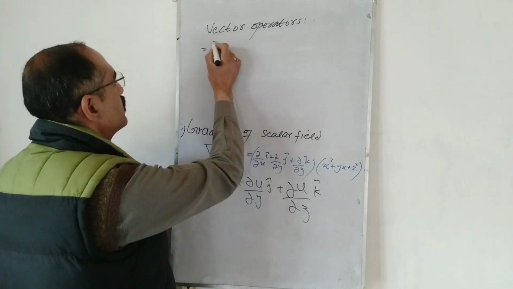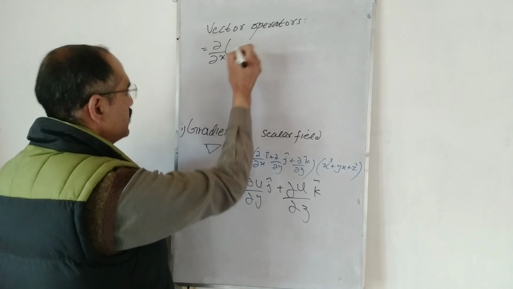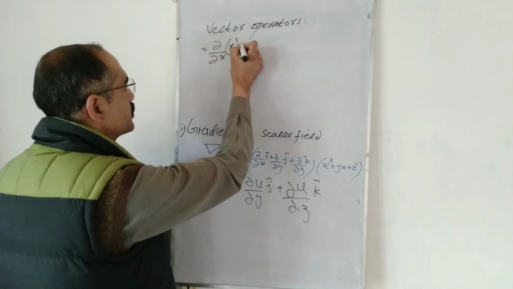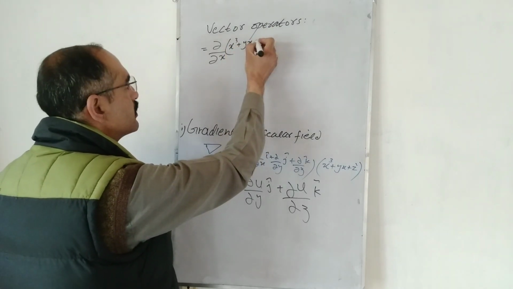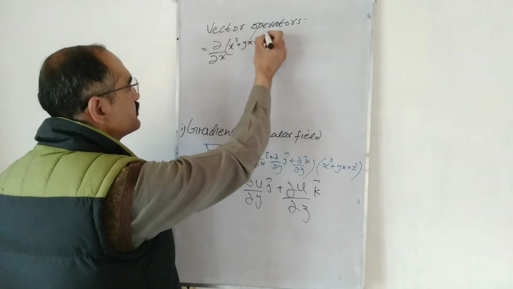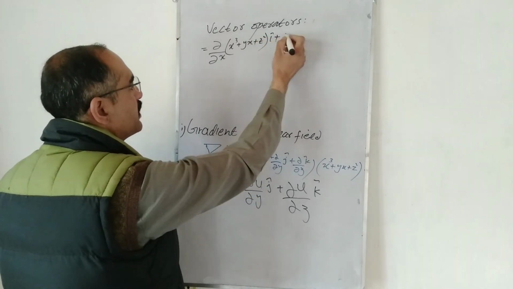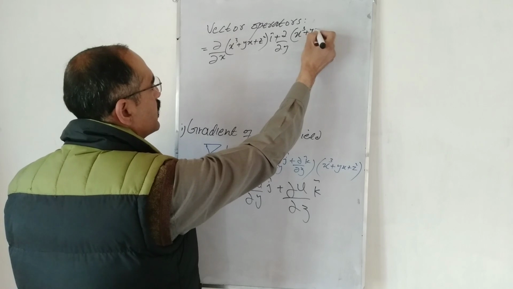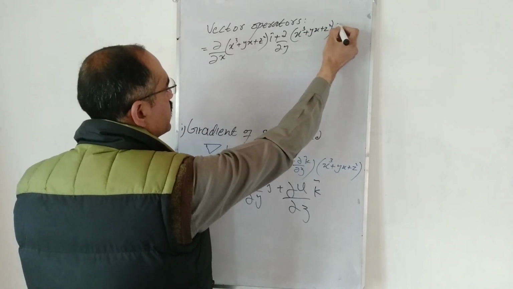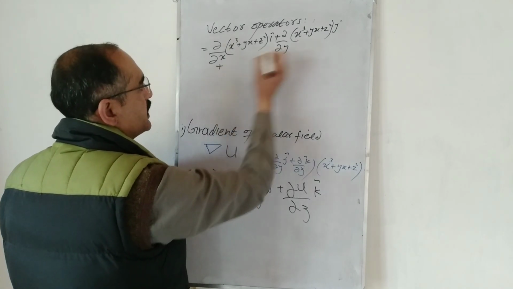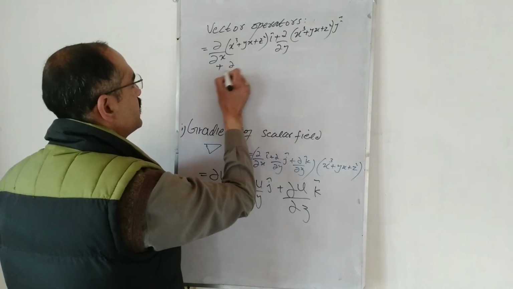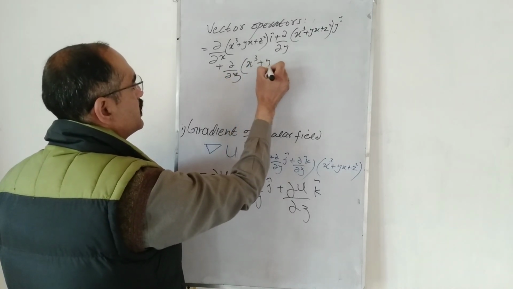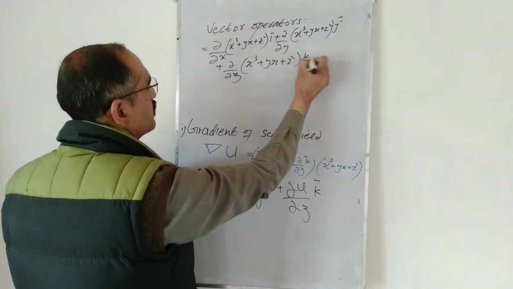This is equal to ∂/∂x of this scalar field, that is x cube plus yx plus z squared, into i cap, plus the partial derivative with respect to y of the scalar field, x cube plus yx plus z square, j cap, plus the partial derivative of the scalar field with respect to z, x cube plus yx plus z square, k cap.